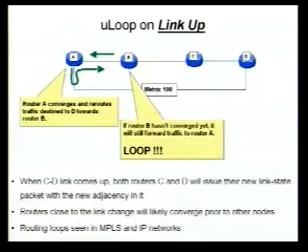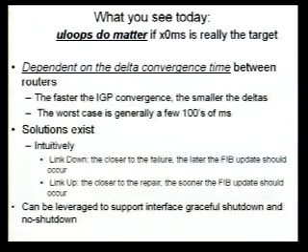And we see this in today's networks. So microloops do matter. It's not just a theoretical construct that doesn't really matter if we see microloops. In fact, we see them all the time.